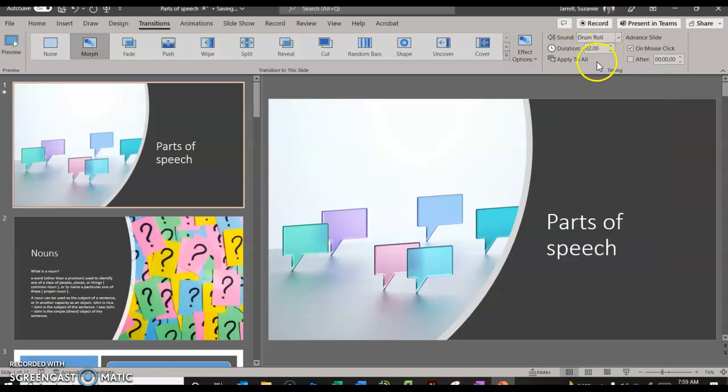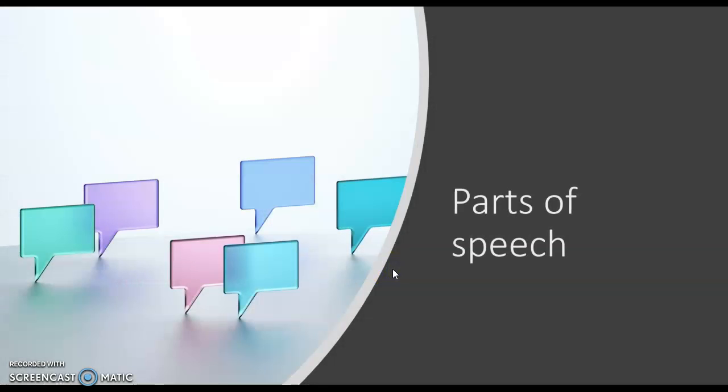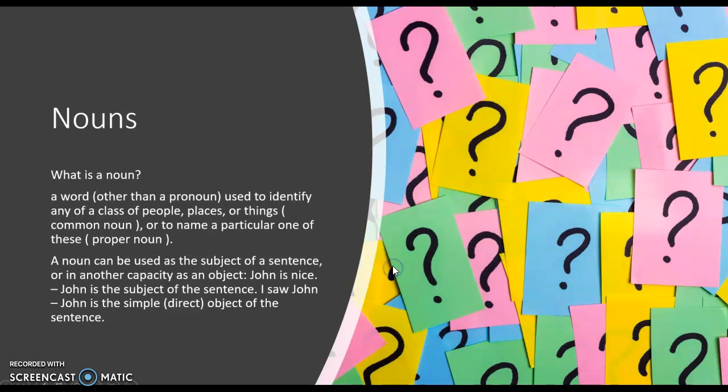You can right now just leave it on mouse click, and you can also make it shorter or longer. So we'll make it 5 or 4 just so you can see. So now if I select the first one and I play, I should be able to hear it, and it will go to the next one.